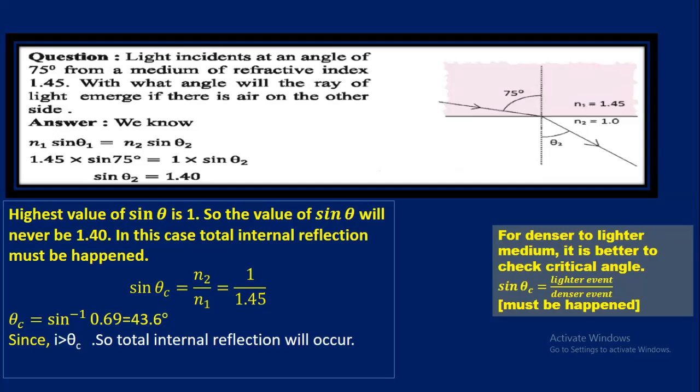Here the angle I is greater than theta c, so total internal reflection will happen in this condition. The light ray comes from a denser medium to a lighter medium, and it is better to check the critical angle, because if the incident angle is greater than the critical angle, then total internal reflection will happen.